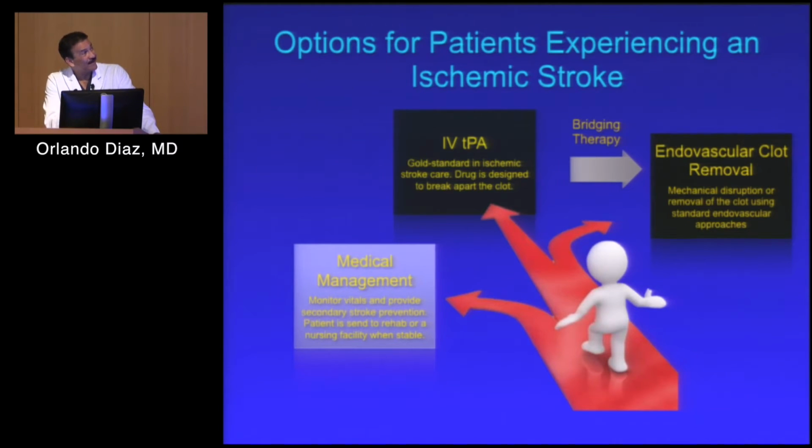And then what happens if the patient is less than 6 hours, sometimes 8 hours? We can go there, put a catheter in the groin, go to the brain, to the MCA, M1 segment most of the time, and grab the clot out. This can be done from 0 seconds, which is difficult, to 6 to 8 hours. What is the ideal? If the patient has a penumbra, bless you.